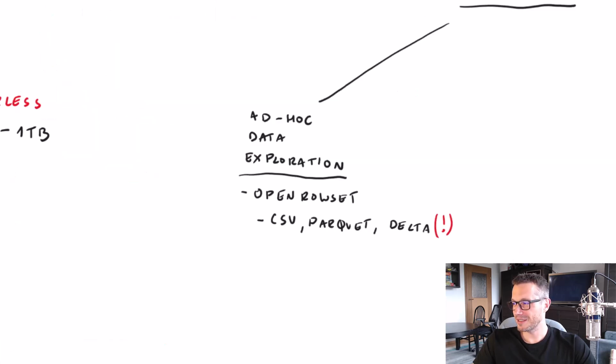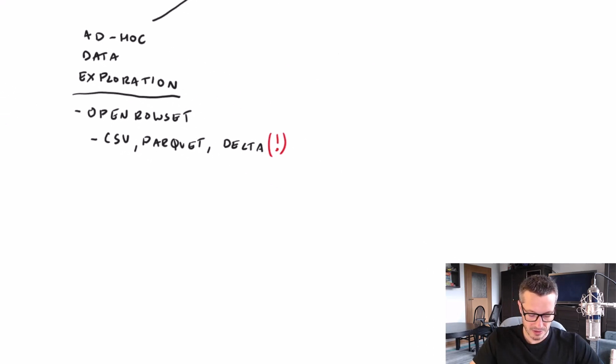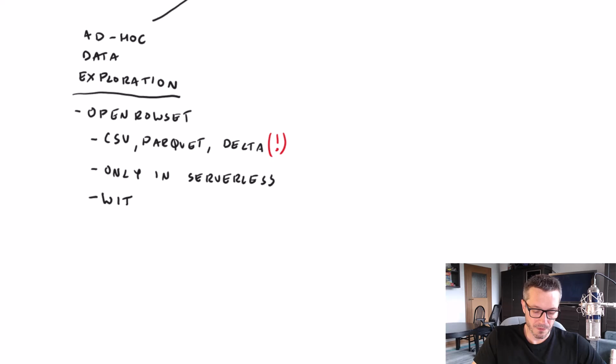So let's write this down, that unfortunately it is only in serverless. Then we know that we can use this WITH part to define a schema of the data that we want to retrieve.